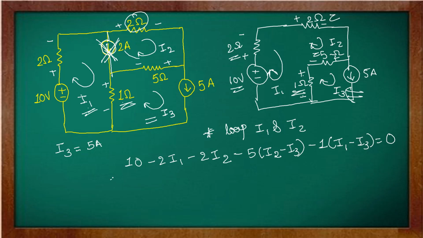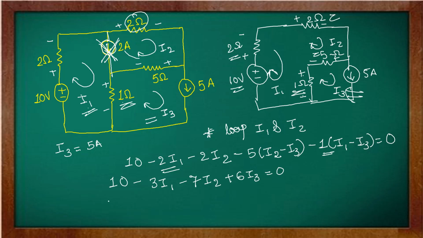So what we get? 10 minus 2I1 minus I1, which is equal to minus 3I1. Then here, minus 2I2 minus 5I2, which is equal to minus 7I2. Then plus 5I3, and again 1I3 which is plus, so which is equal to 6I3, which is equal to 0.